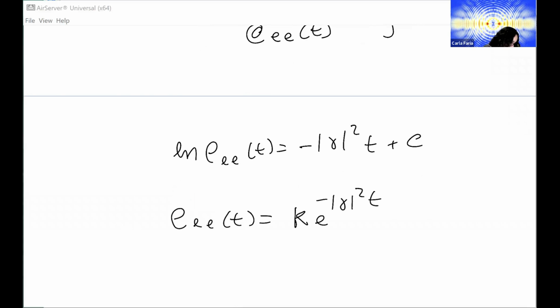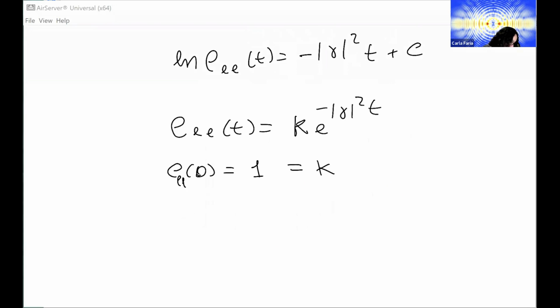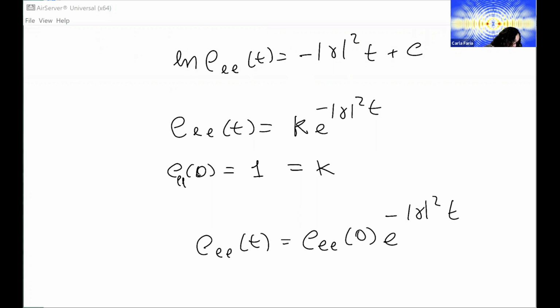And I know also that rho_EE(0) is equal to 1. Therefore, if I set time equals 0 here, I get this constant, which means that rho_EE(t) is rho_EE(0) e to the minus modulus gamma squared t.